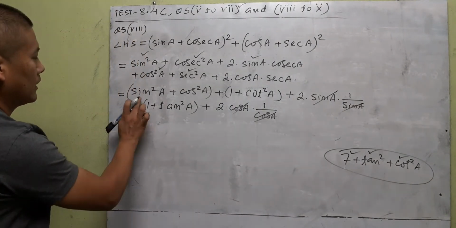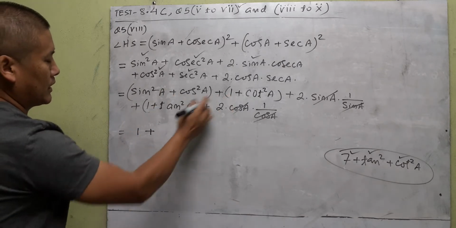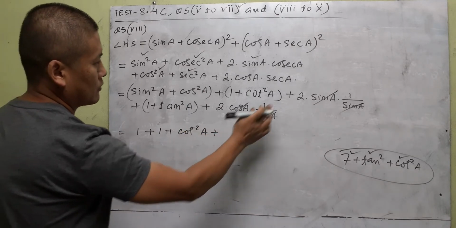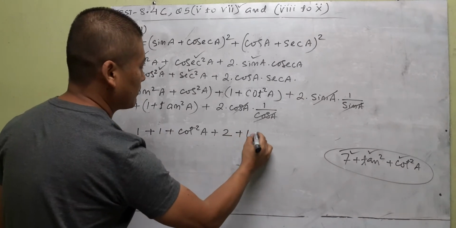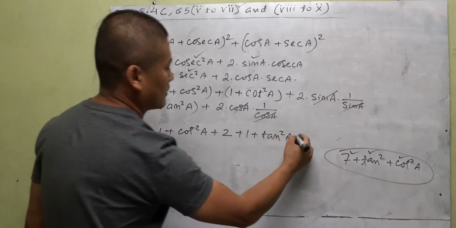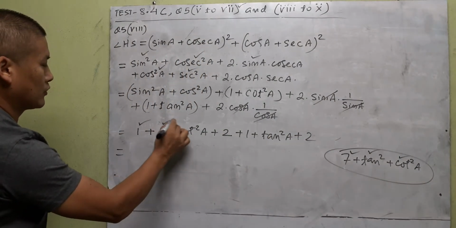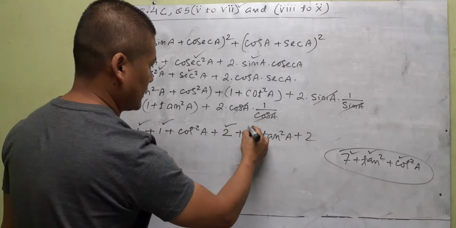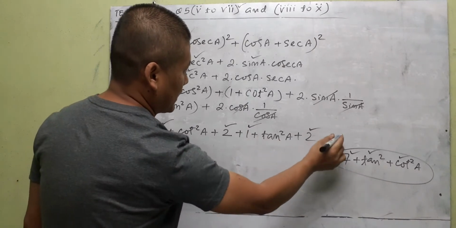So this will be sin square a plus cos square a is 1, plus, you can remove the bracket, cot square a plus 2 ones are 2. Then here you can remove the bracket: 1 plus tan square a plus 2 ones are 2. So that way 1 plus 1, 2, plus 2, 4. 4 plus 5, 6. 1, 2, 3, 4, 5, plus 2, 7.